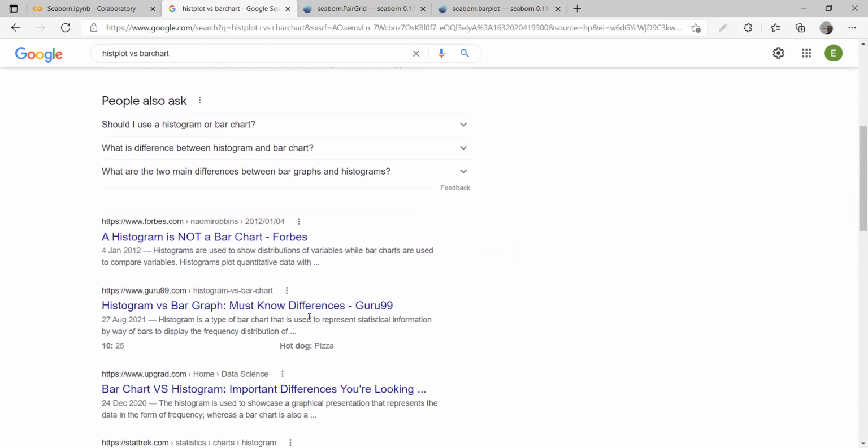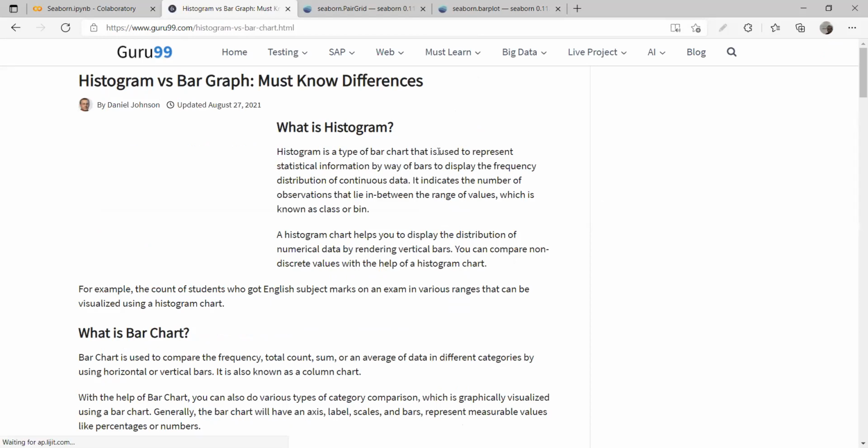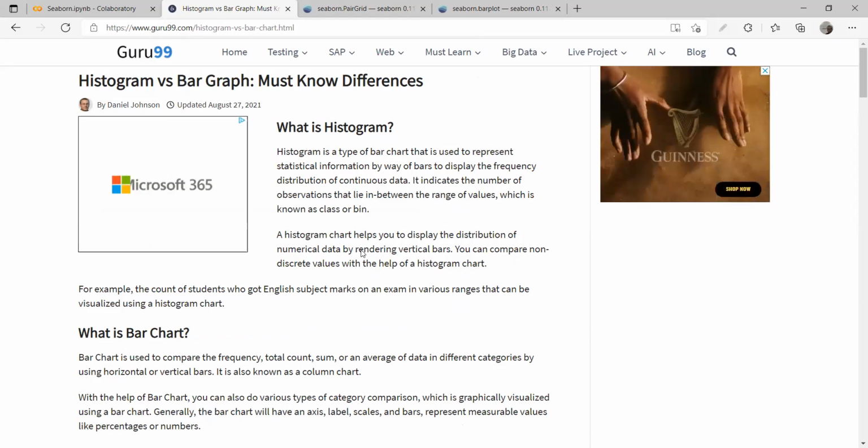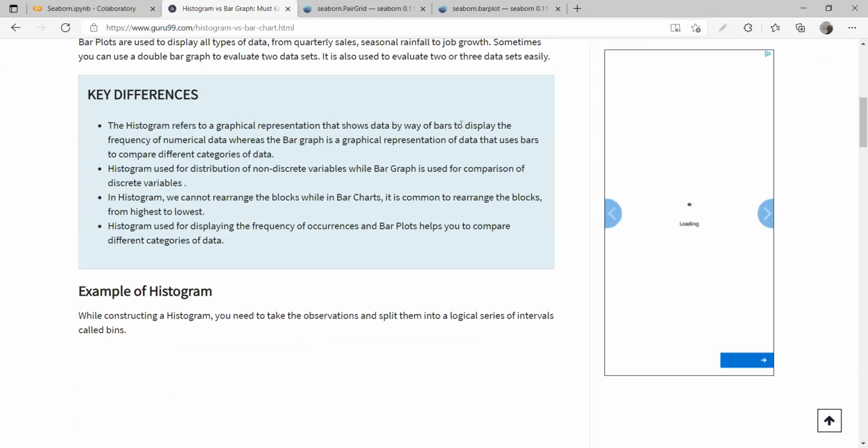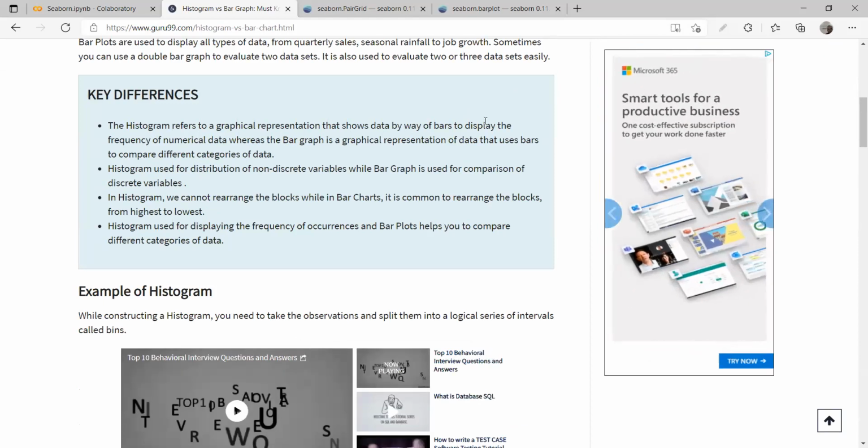Histogram versus bar graph: know the difference. A histogram is a type of bar chart that is used to represent statistical information by way of bars, displaying the frequency. Histogram refers to a graphical representation that shows the data by way of bars to display the frequency.